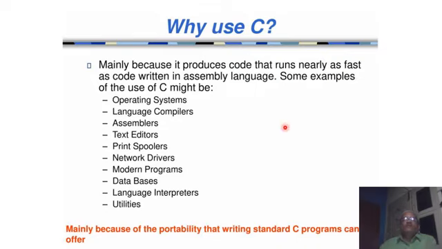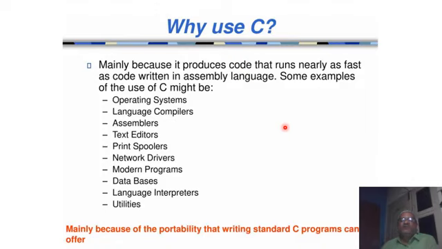So what is the operating system? We know every system must have at least one basic operating system or multiple operating systems. And we know there are compilers and the oldest language, which is assemblers. And today we are using normal text editors, and in hardware we call it print spoolers.